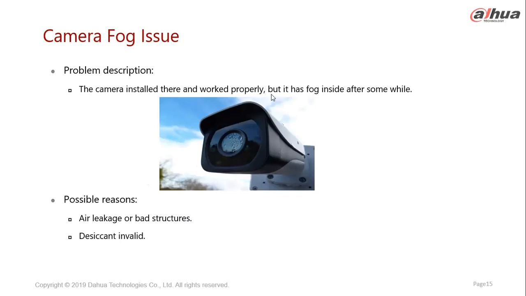Or maybe the camera was shipped like this. For such a case, if you buy a device and find it has fog on shipment, you need to report it to us so that we can take the necessary steps and follow up with the factory, so that we know how many devices are affected and how you can be compensated.